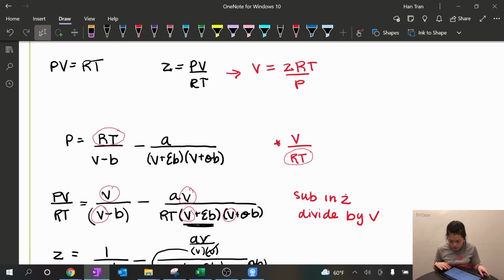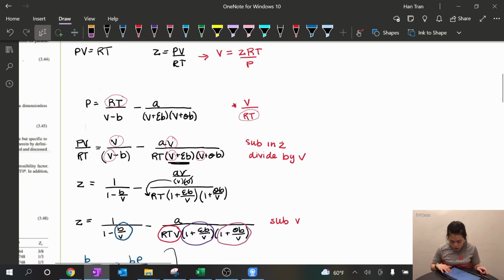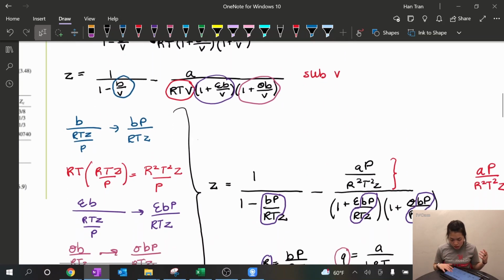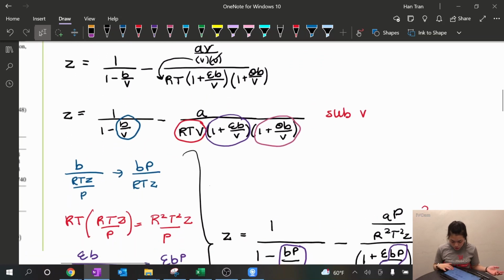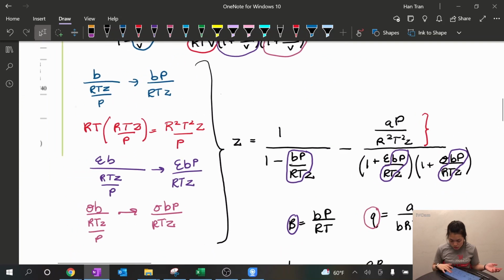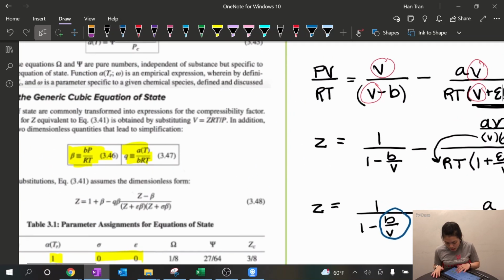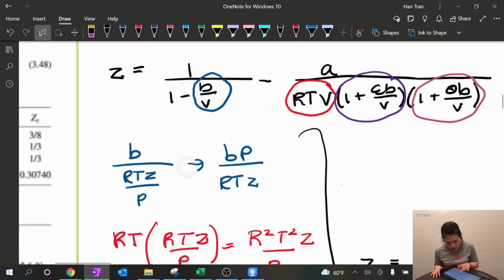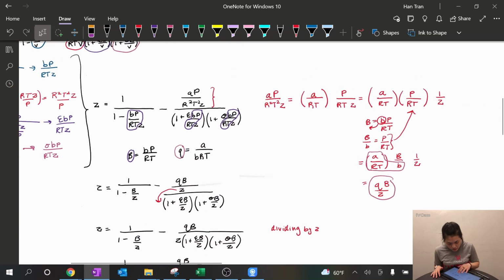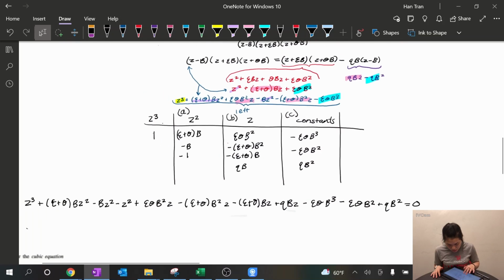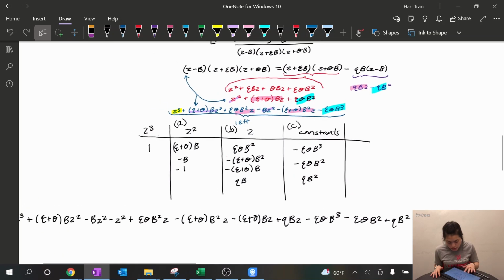And so what we did was we put everything in terms of the compressibility factor and we took out the specific volume, and we also used the beta and Q that is defined here in this text, and we used all this information to arrive at a final polynomial expression that has the different terms laid out.